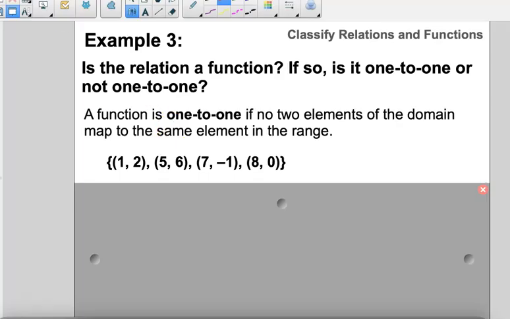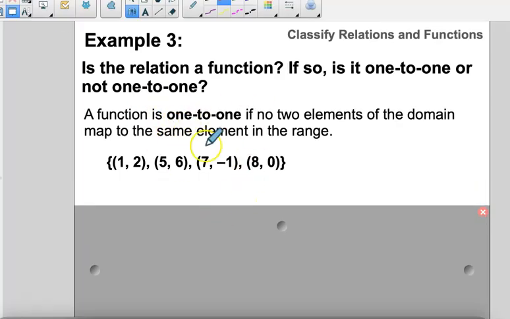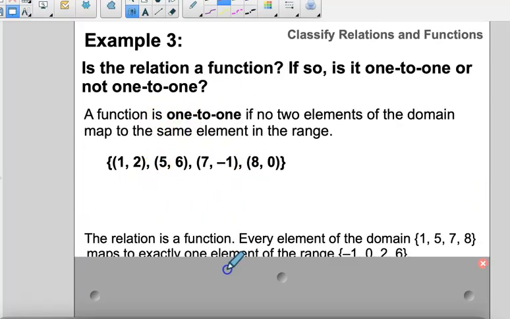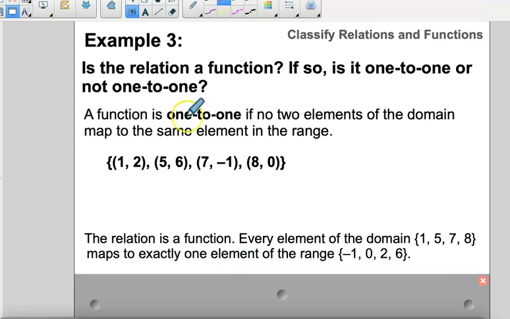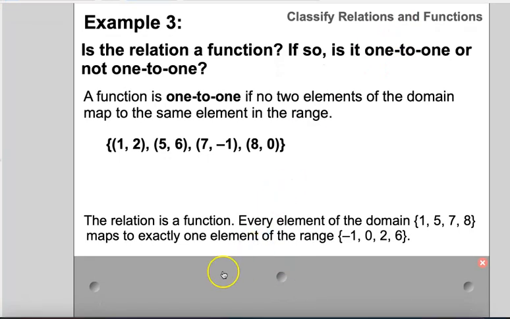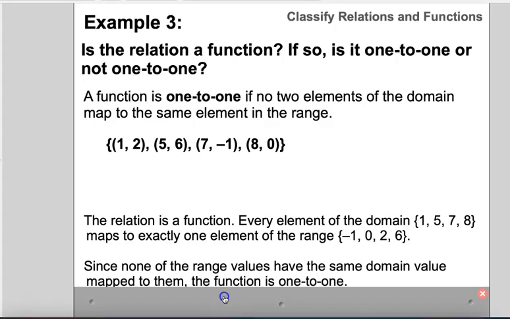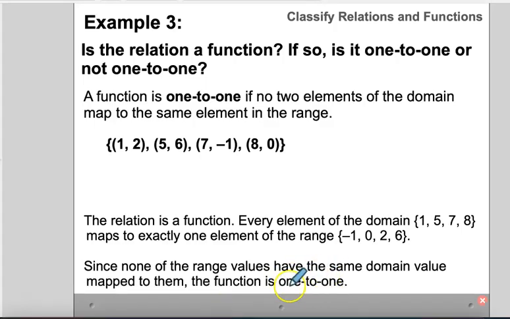As we're working through and understanding this one-to-one business, this relationship would be a function because each x value you have in here has a different y value associated with it. Because every element in the domain, 1, 3, 5, and 7, has one range value that goes with it, it's considered a one-to-one function because no x values and no y values repeat.